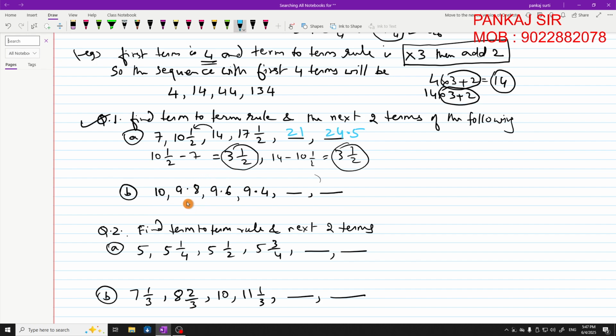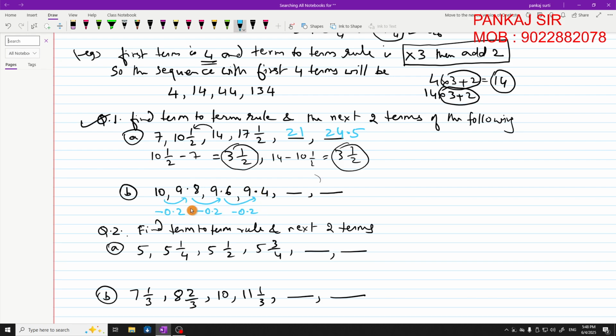Let us go for the B. Now in the B part, what is happening? From 10, it is becoming 9.8. So you can see from first term, when you subtract 0.2, minus 0.2 gives me 9.8. From 9.8, again when I subtract 0.2, I should get 9.6. From 9.6, if I subtract 0.2, I'll get 9.4.